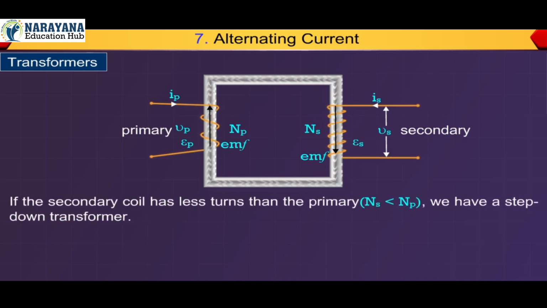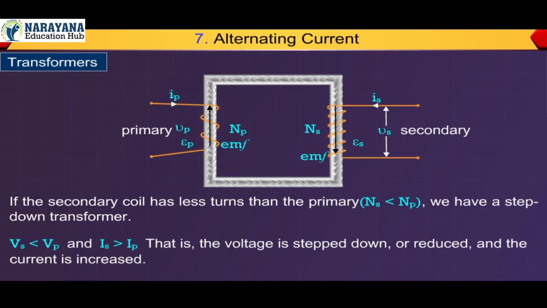If the secondary coil has fewer turns than the primary, that is Ns is less than Np, we have a step-down transformer. In this case, Vs is less than Vp and Is is greater than Ip. That is, the voltage is stepped down or reduced and the current is increased.